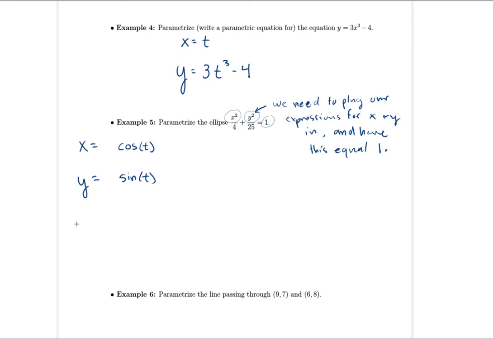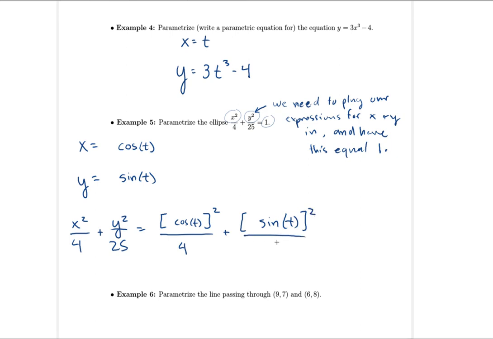So if I say x squared over 4 plus y squared over 25, I need to be able to plug in my x and plug in my y and have it come out as 1 on the other side.